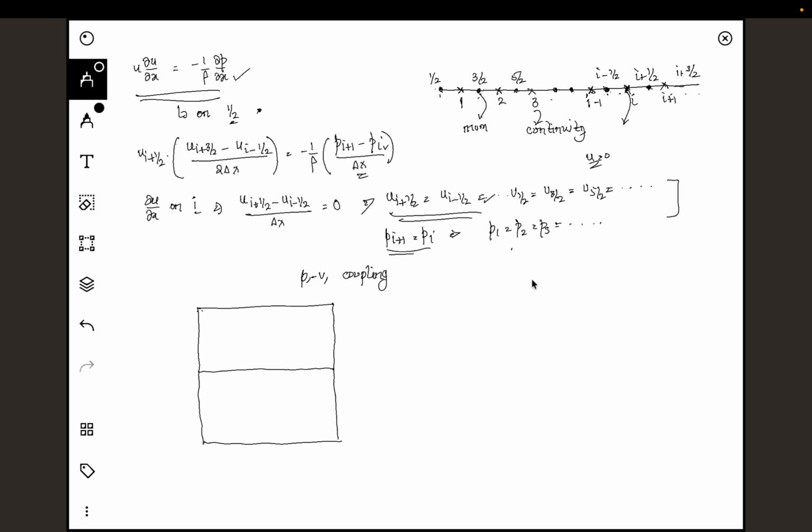First we define the cell centers, and it is these cell centers where pressure is being stored. And then I have phase centers.